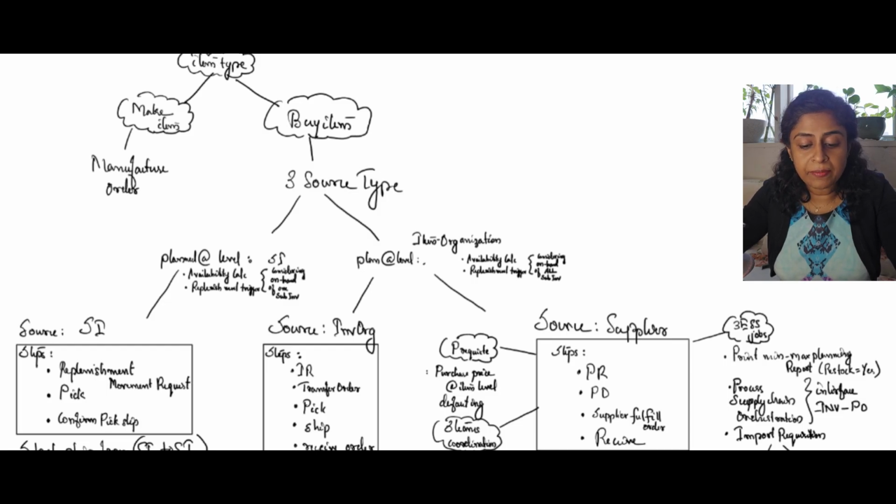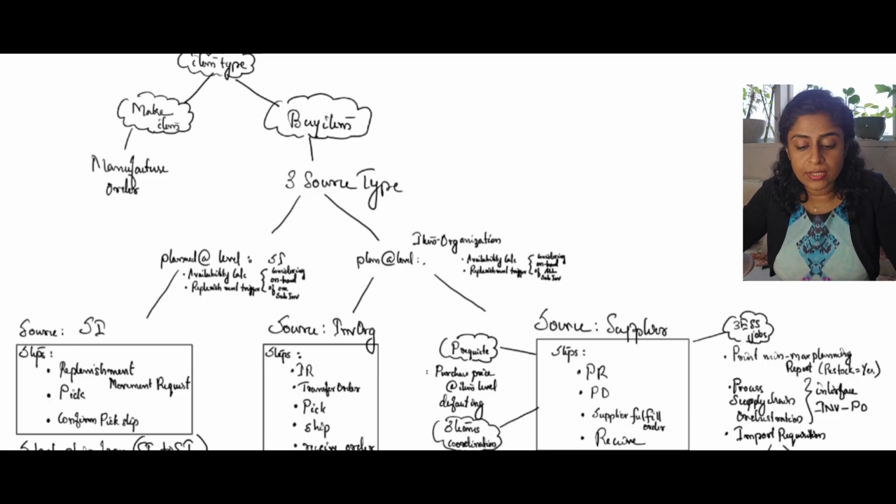Finally, the source type as sub-inventory. This option is used for sub-inventory level planning. When availability in a specific sub-inventory falls below its minimum, the min-max planning report generates a replenishment movement request, and the stock is transferred from a defined source sub-inventory with available stock into the destination sub-inventory.